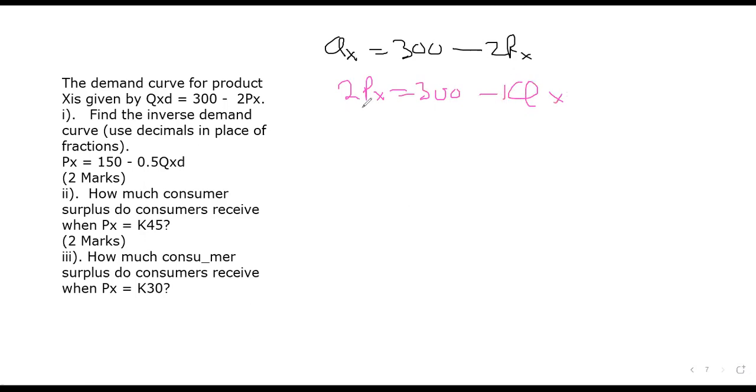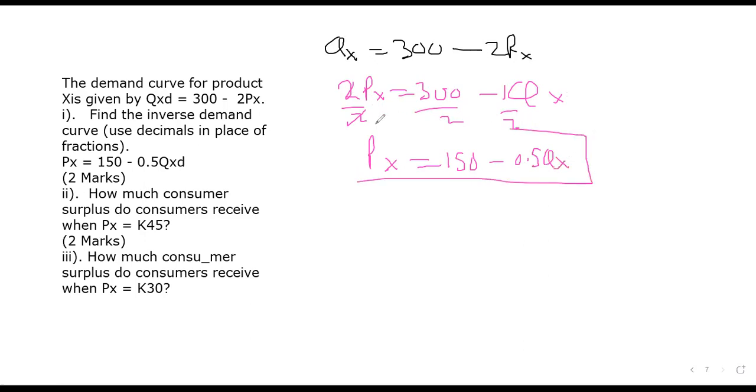We divide by 2, by 2, by 2. So this would be our px will be what? 150. And 1 over 2 will be what? 0.5 Qx. So this is how we find the figure that was already found here for 2 marks. Are we following?